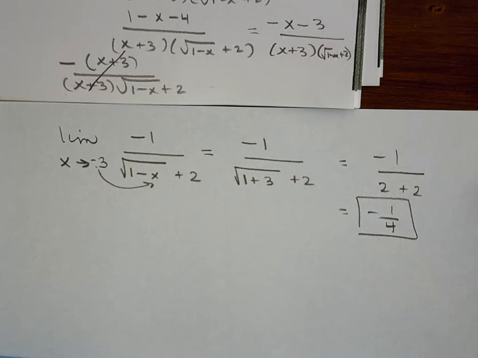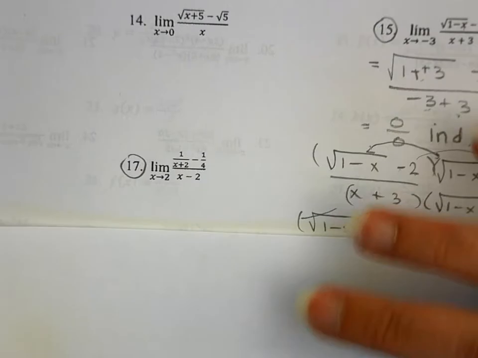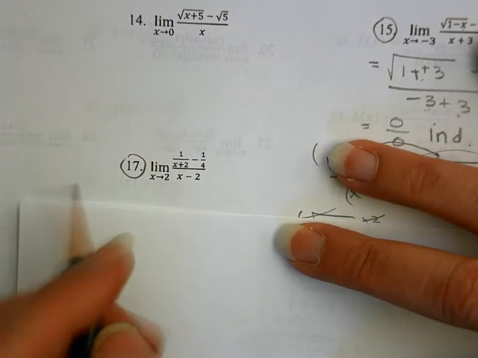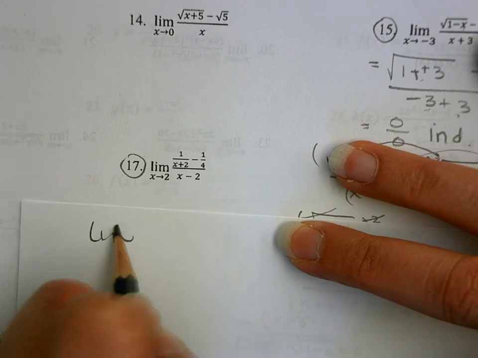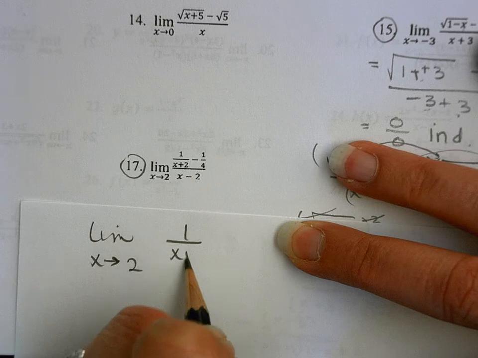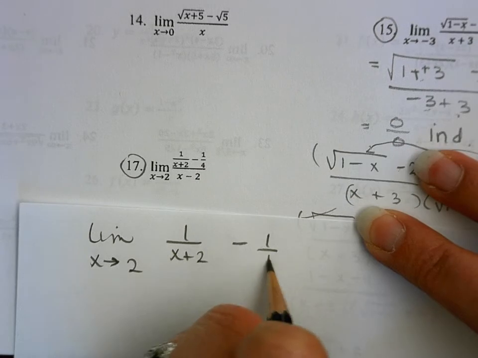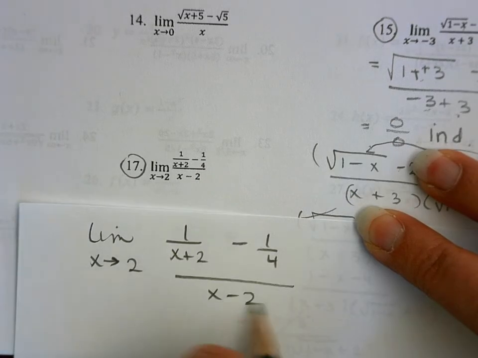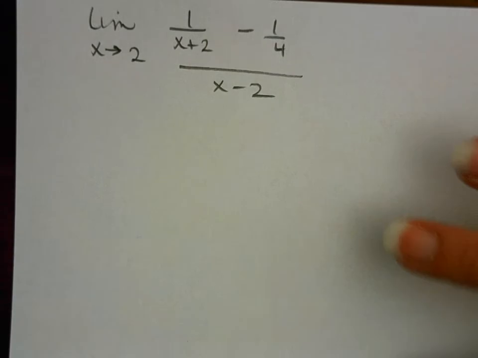All right, and then let's take a look at number 17. I'm going to do 17 on a separate piece of paper as well, just because I know I'm going to run out of room. There's really not enough room on here. Okay, so that's 17. Give myself plenty of room now.